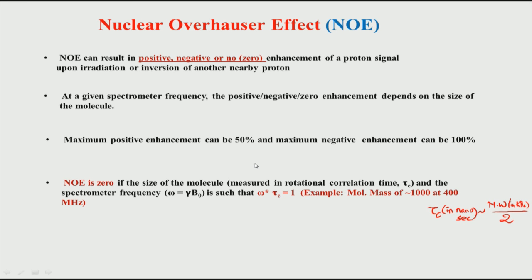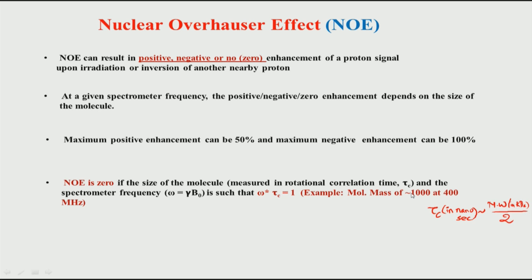Usually in the case of larger molecules such as large peptides and proteins, we are always in the regime of negative enhancement, that is omega tau c is much greater than 1, because remember tau c depends on the size.